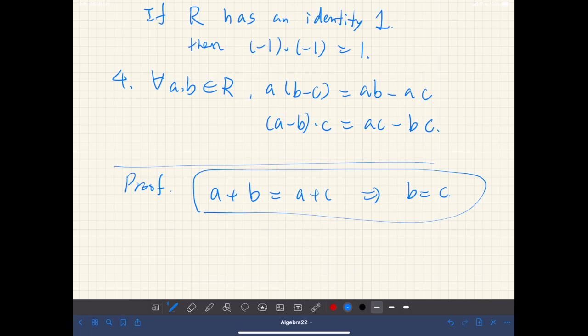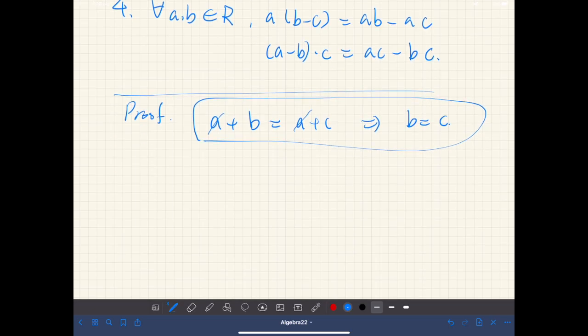We cannot just cancel the same elements from the right hand side and the left hand side, because we have not defined what that means. Canceling is not defined in the axioms or anything yet. Actually, this theorem ensures that canceling is okay. So let's see how we can do this.